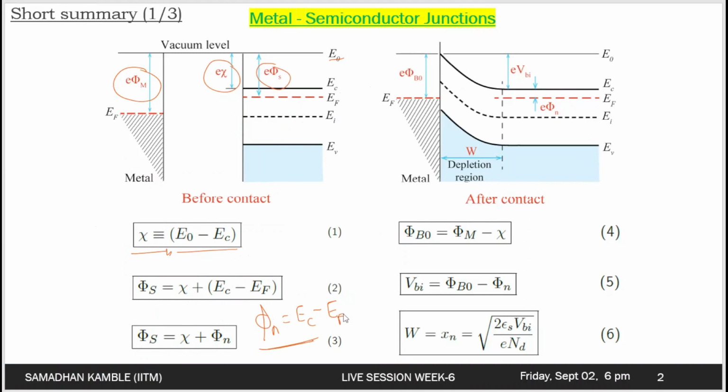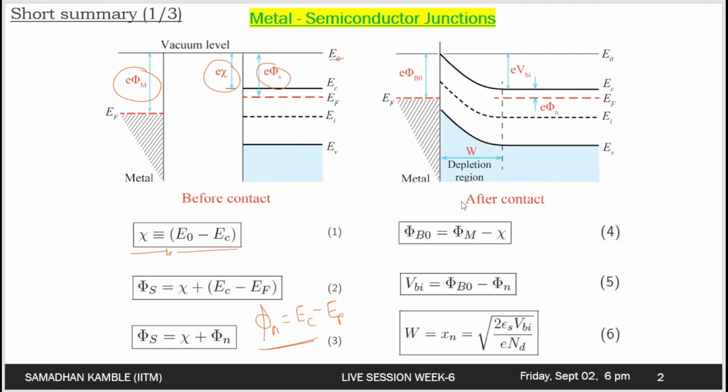Okay, going to the fourth parameter, that is the Schottky barrier, phi b0. This is the ideal barrier height of the semiconductor contact, the potential barrier seen by electrons in the metal trying to move into the semiconductor.